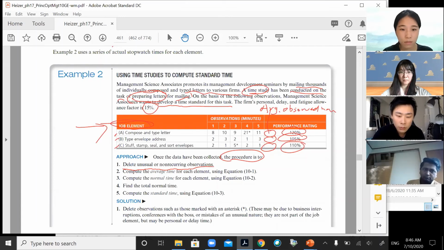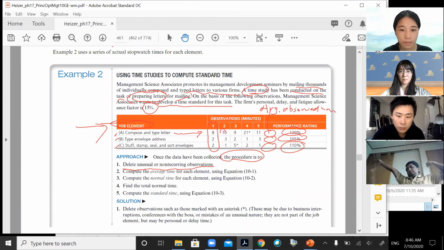If you observe here, compose and type letter, first cycle 8, second round 10, 9, 21, 11.